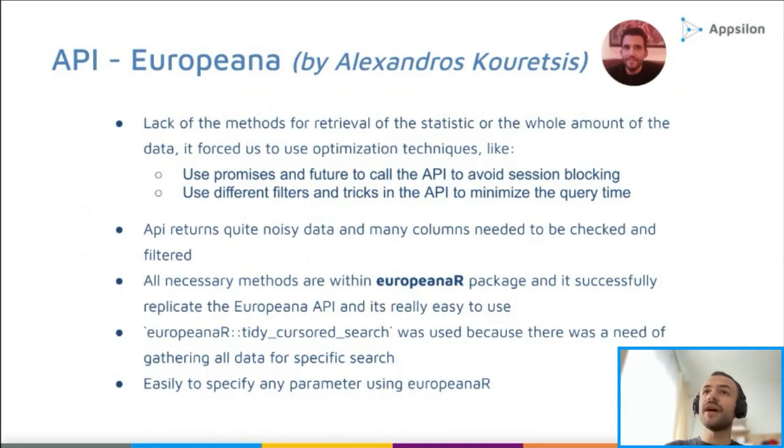For example, we are decreasing the time of the query by increasing the amount of data per query. The API returns quite noisy data, and we need to filter many columns, like information about the creator and the year.